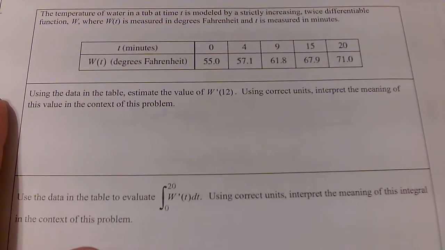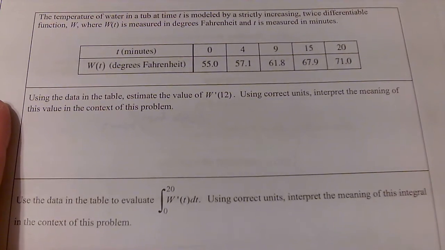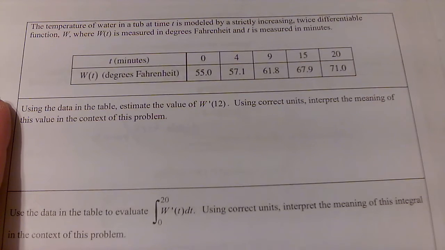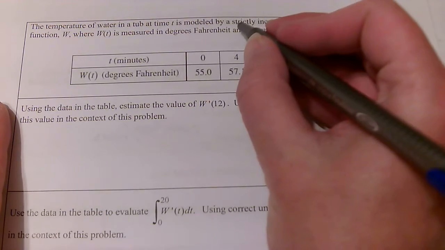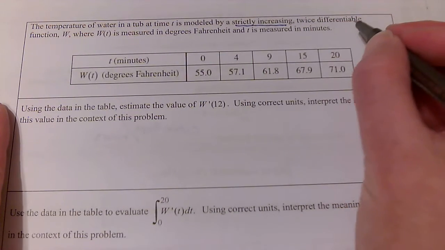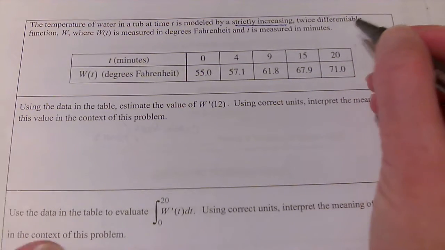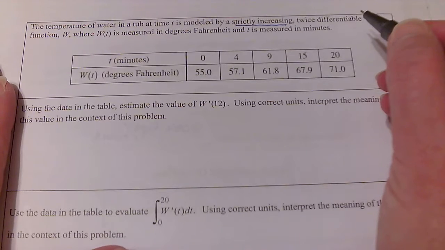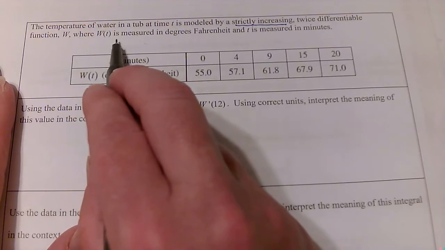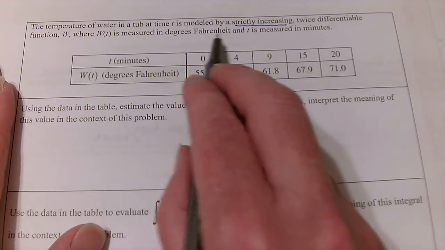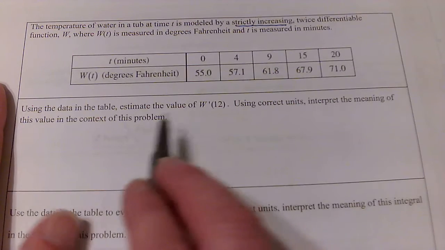So here are some examples. We have water in a tub, modeled by a strictly increasing, that's good to know, twice differentiable function. Oh gosh, that means it's definitely continuous and differentiable and all that good stuff. Where W of t is measured in degrees Fahrenheit and t is measured in minutes.